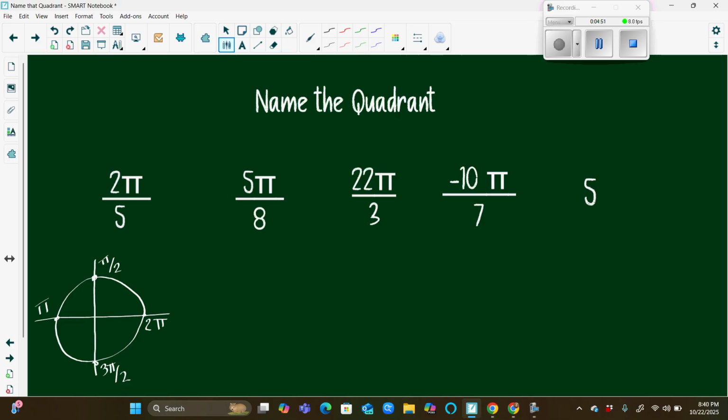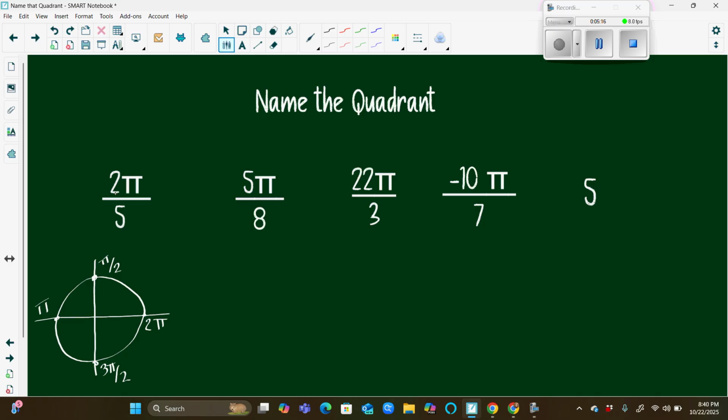The way I like to think about it is that pi over 2 is like a half. So when I look at 2 pi over 5, I want to concentrate on 2/5. My question is, is 2/5 bigger than a half or less than a half? Well, half of 5 is 2.5, right?